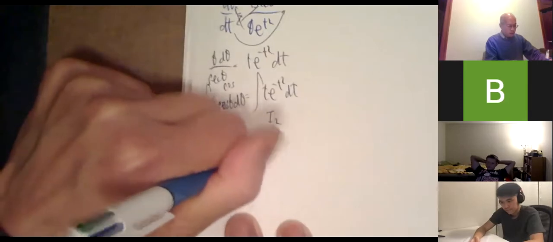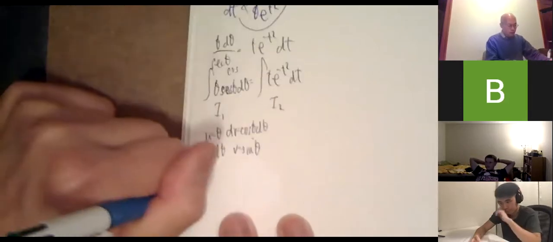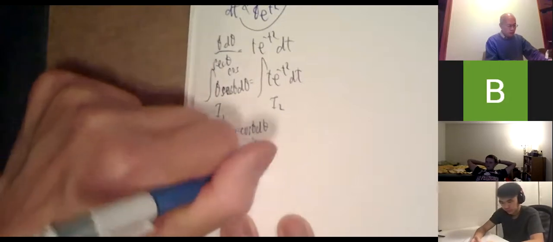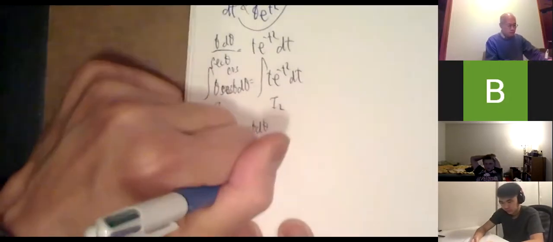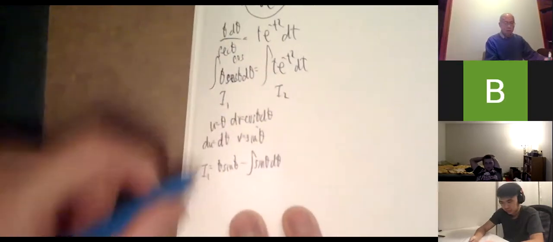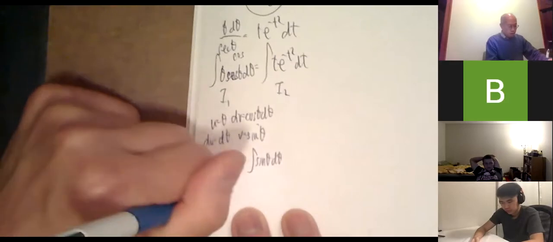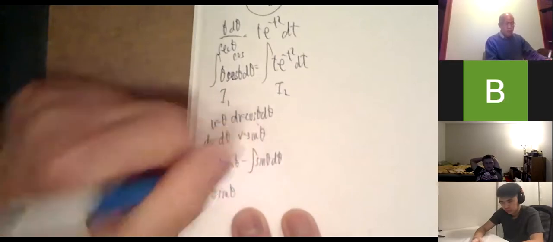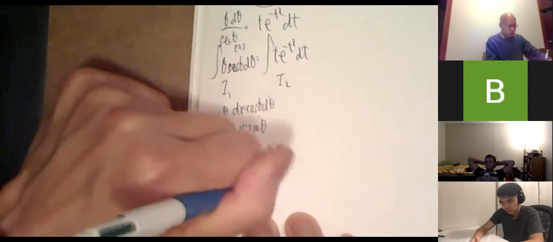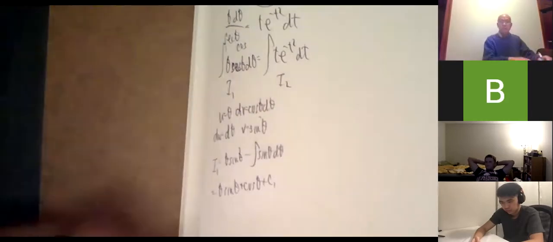V equals sine theta. I1 is uv, theta sine theta, minus the integral of v du, sine theta d theta. So theta sine theta, integral of sine is negative cosine, so plus cosine theta plus C1.